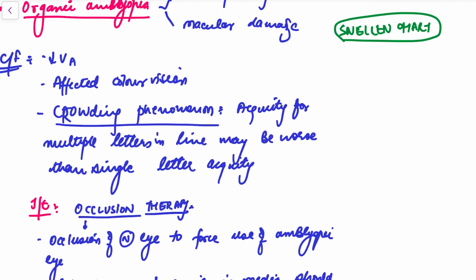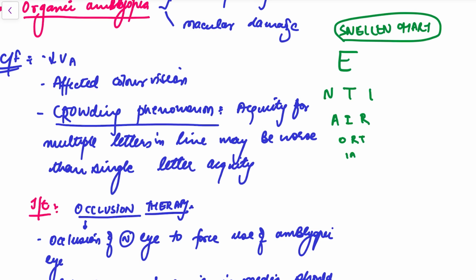There are various letters of different sizes, starting from the bigger size and decreasing in size as we come down in the Snellen's chart, like this. So here you can see I have written letters in the decreasing order of the sizes.